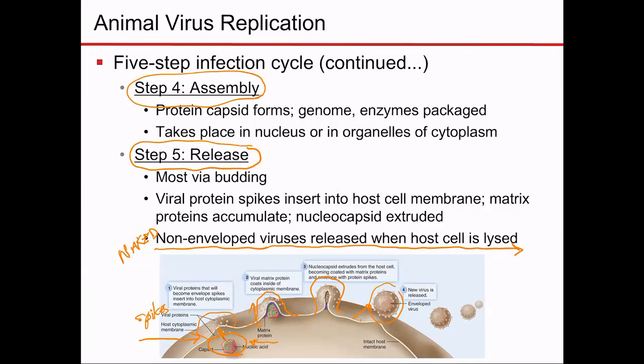And we call that process budding. It's kind of like the inverse of endocytosis. In this case, it would be an exocytosis, right? In order to acquire that viral envelope that has the viral spikes.